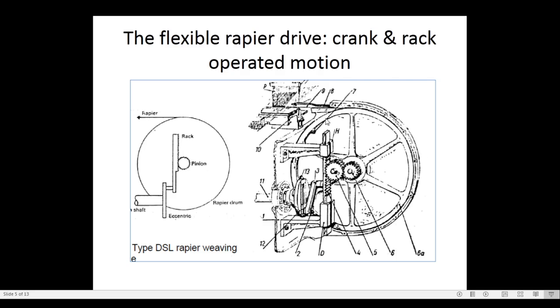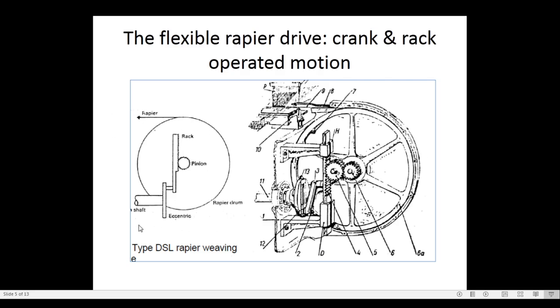So this bigger flywheel moves one time clockwise and one time anti-clockwise. When it is moving clockwise, the rapier tape comes inside the housing, so the rapier is out of the shed. And when it moves anti-clockwise, the rapier goes to the center of the machine.